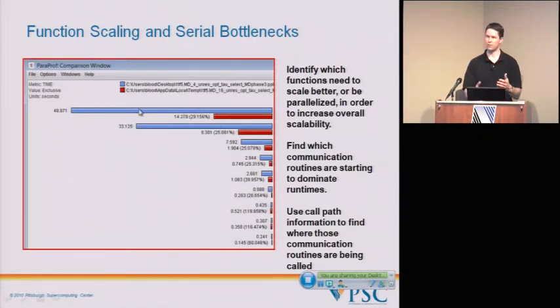We may have already looked at the overall parallel scaling, but now we can see which of these functions is becoming a serial bottleneck in our code, and which ones are scaling well.